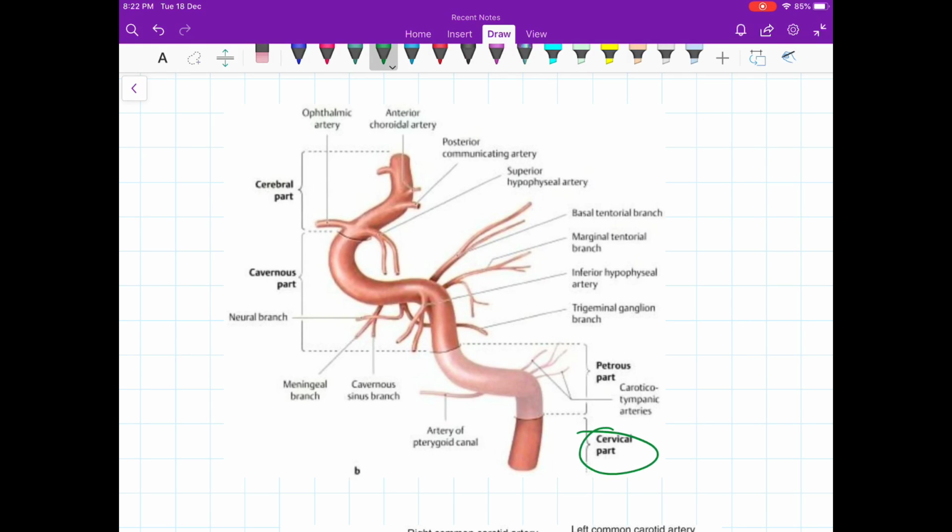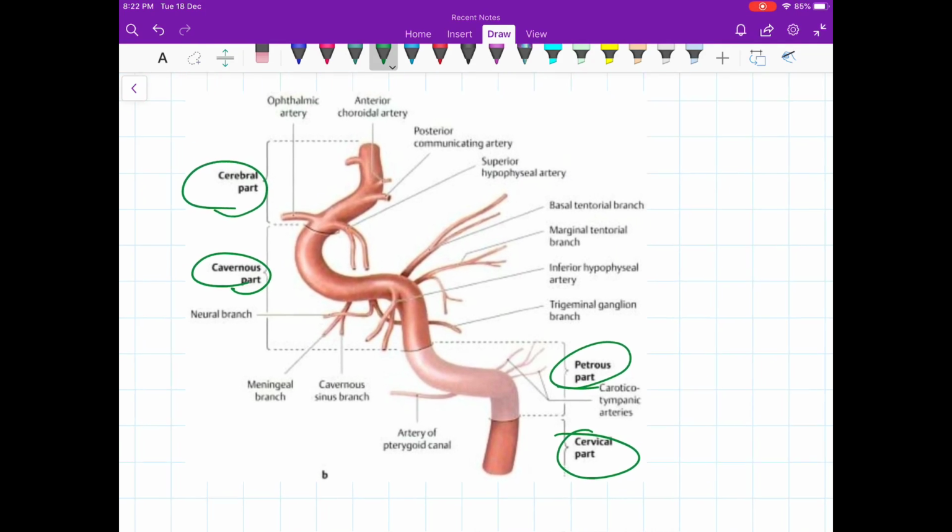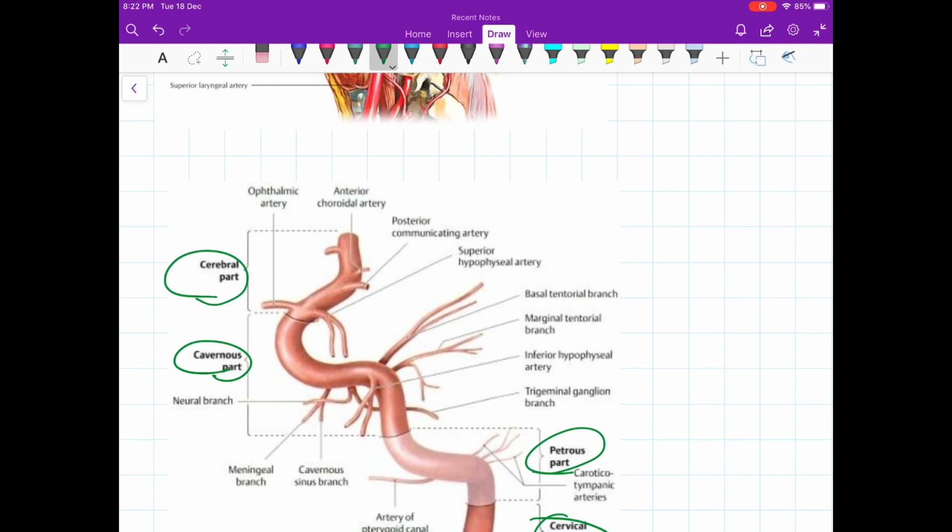Internal carotid artery has a cervical part, a petrous part, a cavernous part, and a cerebral part. Terminally, it divides into an anterior cerebral artery and middle cerebral artery.